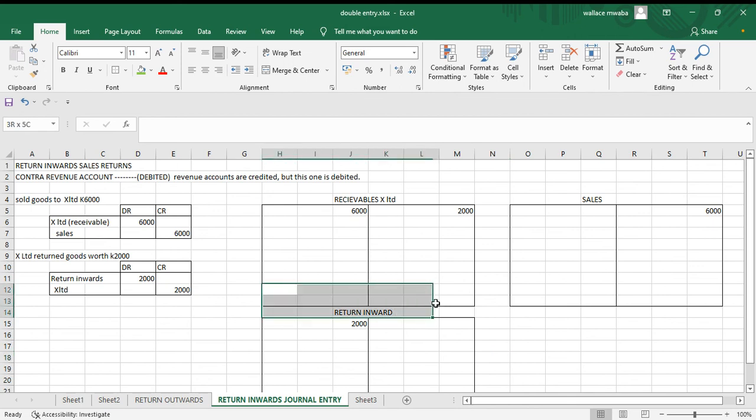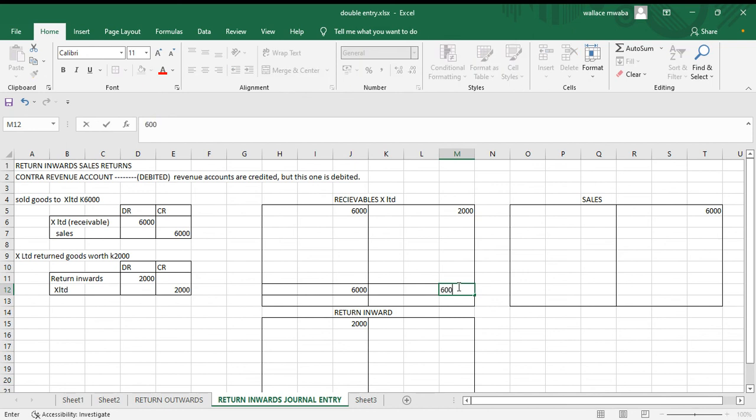So we just want to find out how much our receivable is owing us now since they returned some goods. How much are they owing us now? 6,000 minus 2,000. So our receivable is owing us now 4,000 kwacha.